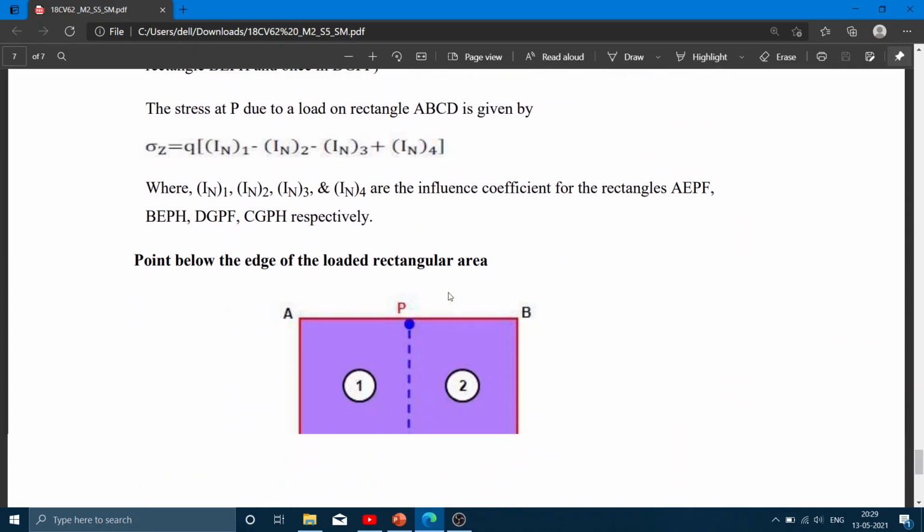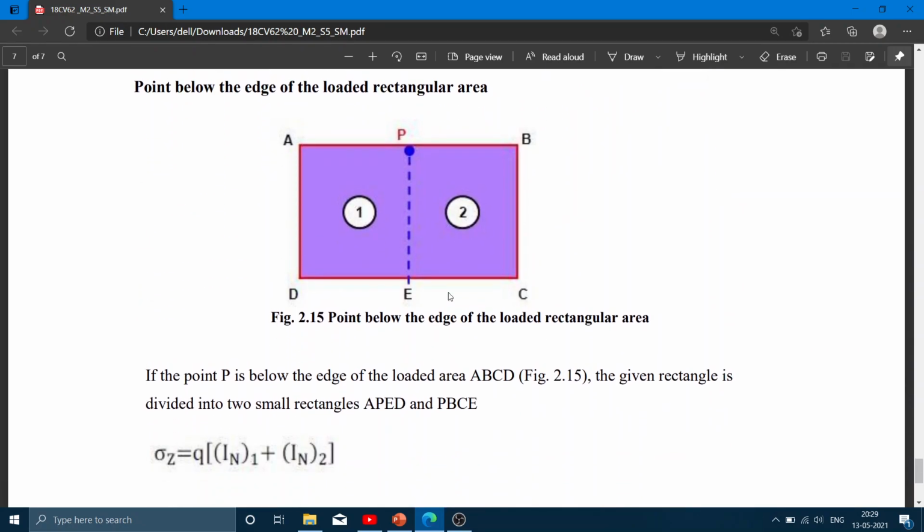So next case, the point below the edge of the loaded rectangular area.